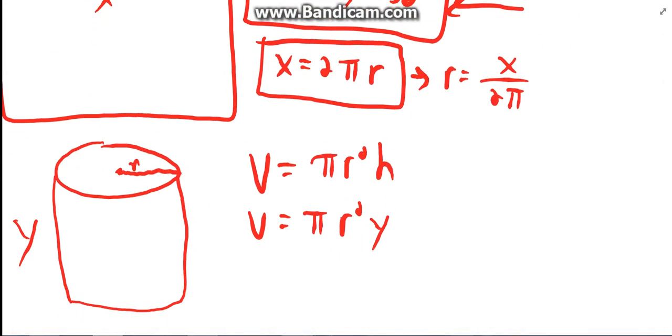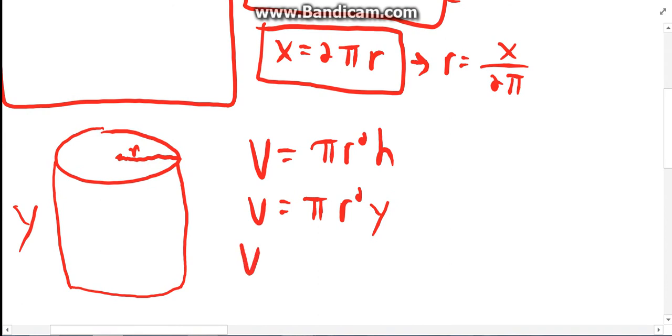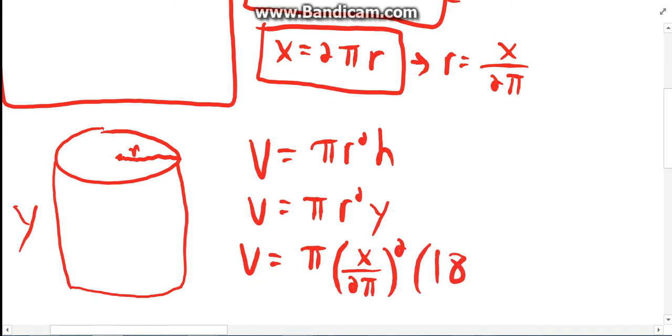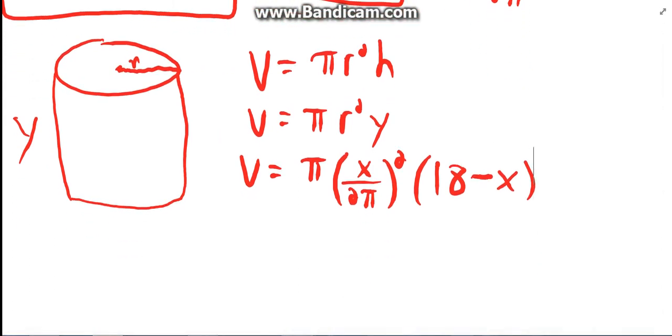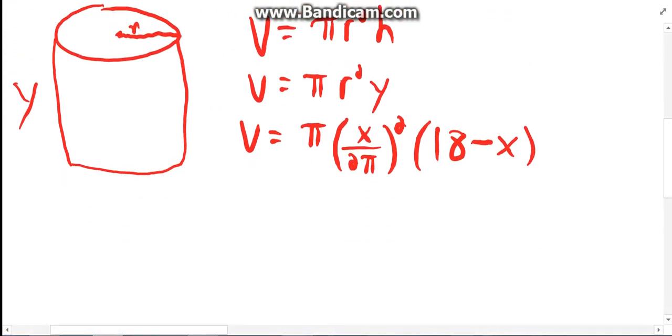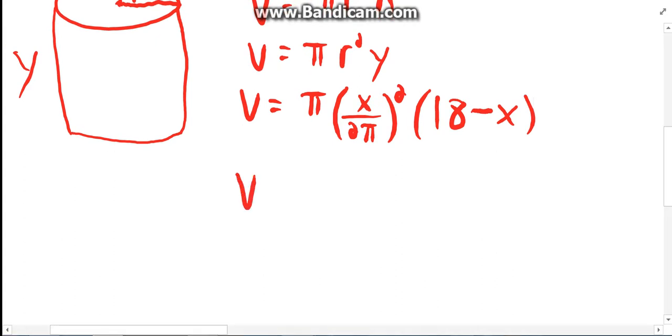So this volume equation is going to become pi times r squared, well that's x over 2 pi squared, times y, which was 18 minus x. And before we differentiate, we're going to simplify it down. So this will simplify to 1 over 4 pi x squared times 18 minus x.